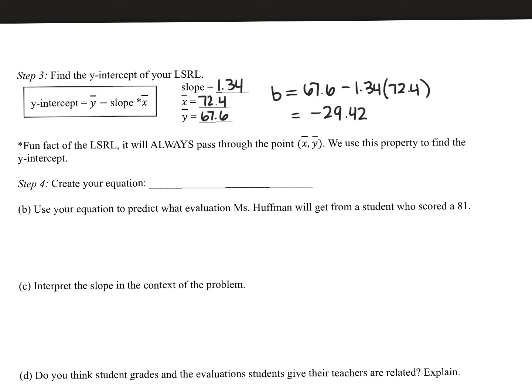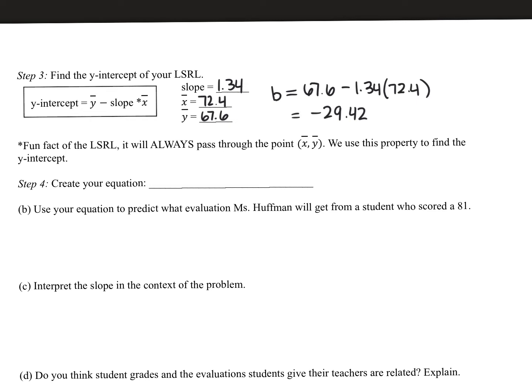29.42. And if we check with our linreg, this one is a little bit more off because the standard deviation was rounded a lot more. The calculator gives us b as negative 29.31, and we have negative 29.42, which is acceptable. If we had taken our slope to more decimal places, our y-intercept would have been closer to what the calculator gave us, but I only require 2 decimals for slope.